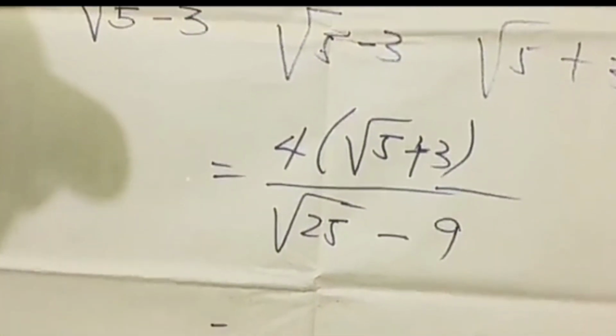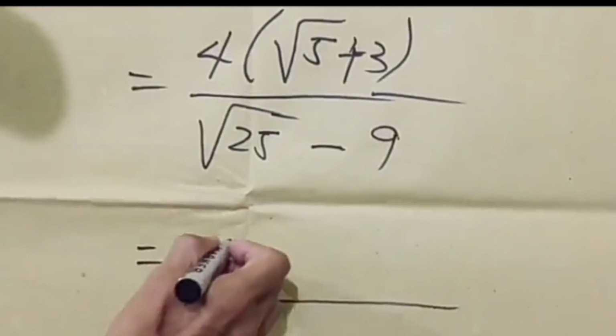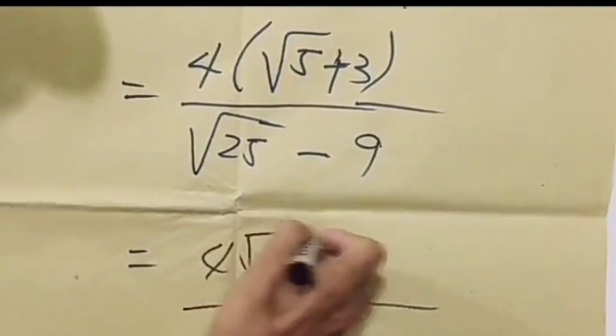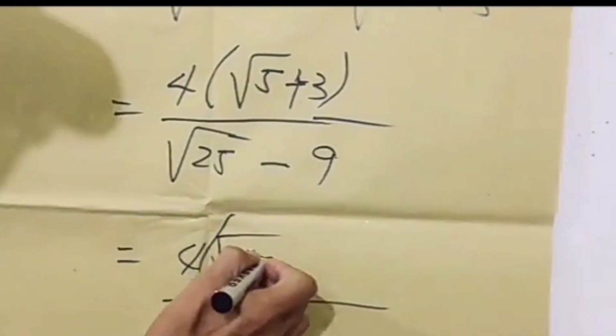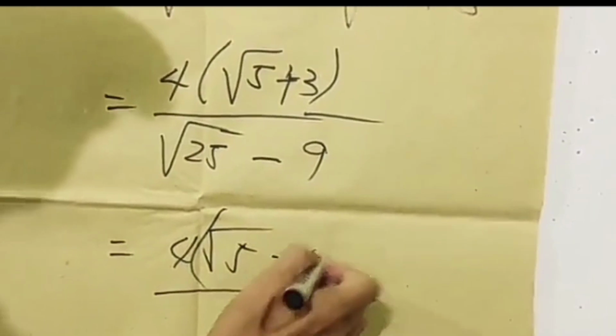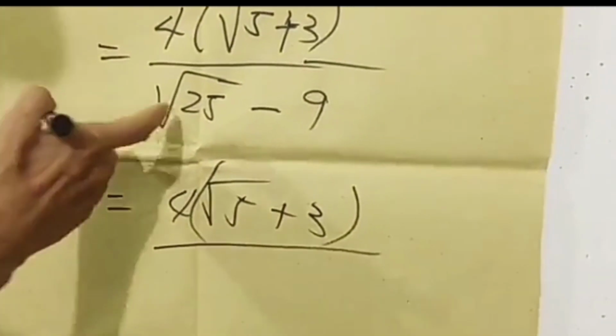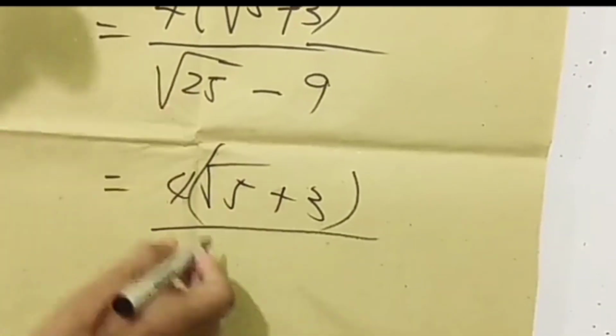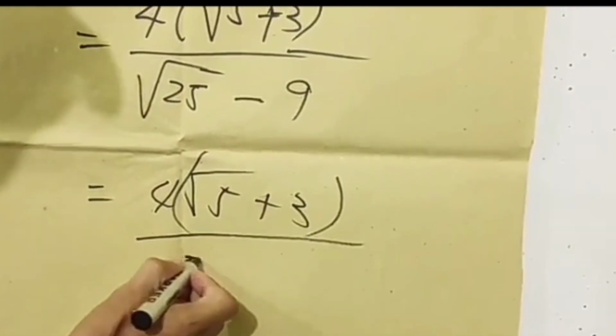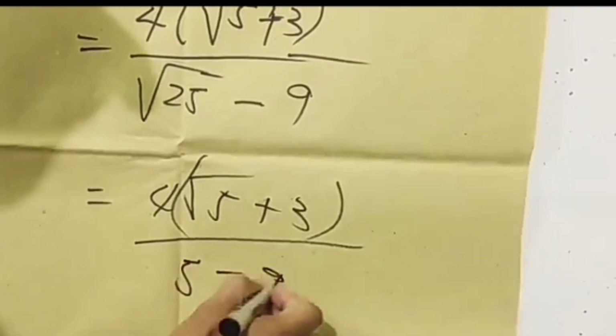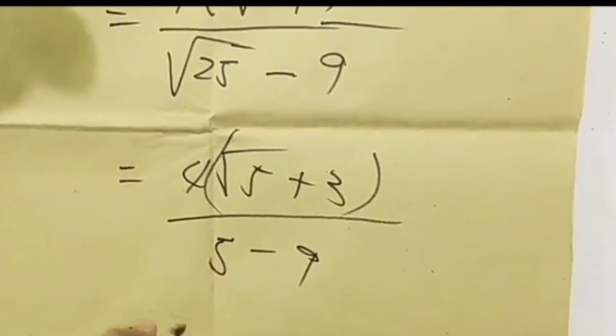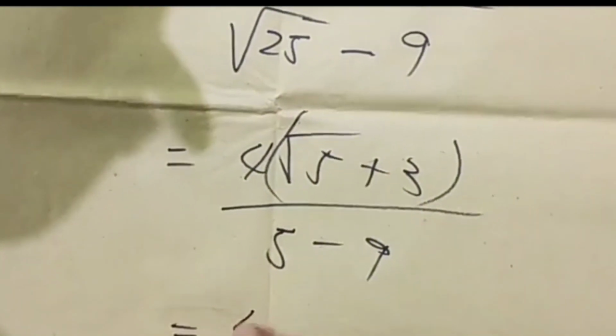Then the next step is for the square root, copy. Then we are going to extract the square root of 25. The answer is 5 minus 9. And this time we have 4 square root of 5, just copy.